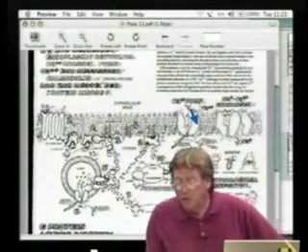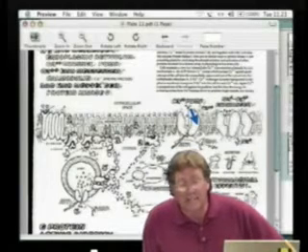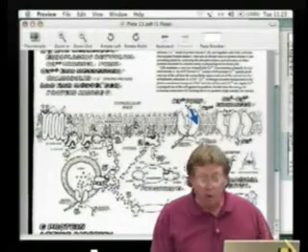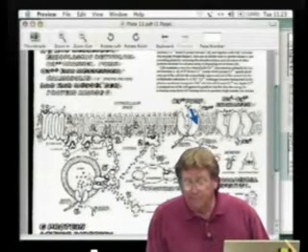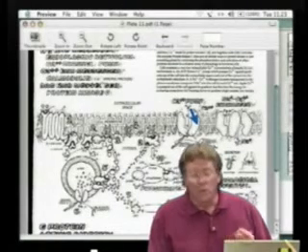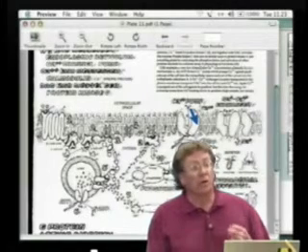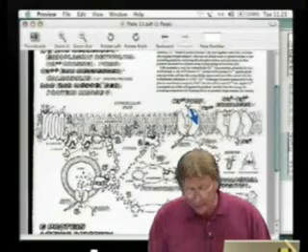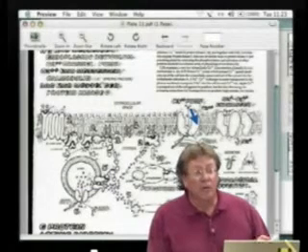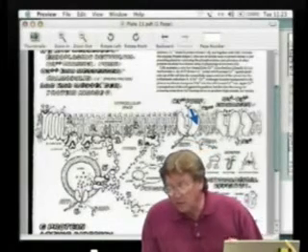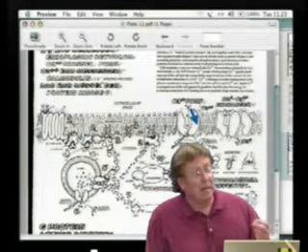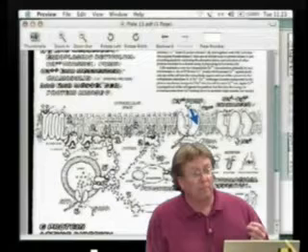It binds to phospholipase C. It is a membrane-bound enzyme which is responsible for the production of two important compounds. One is IP3, inositol triphosphate, IP3.